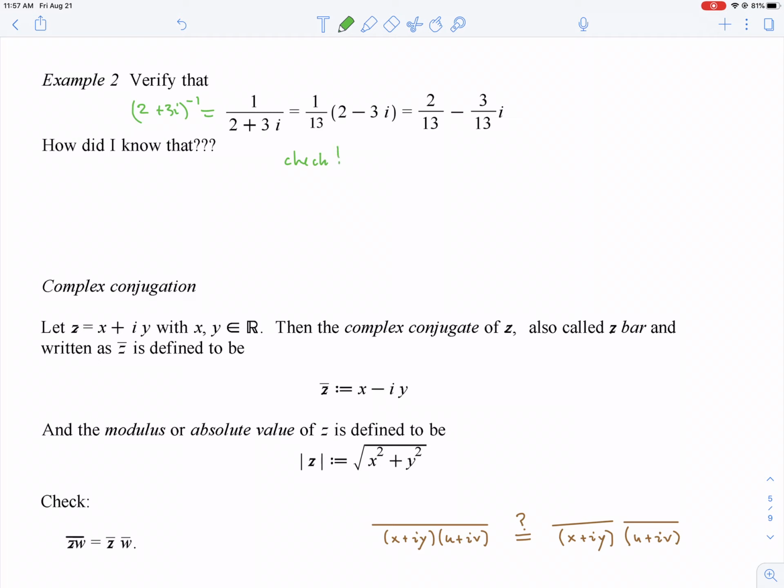So let's just check by computing 2 plus 3i times this alleged multiplicative inverse.